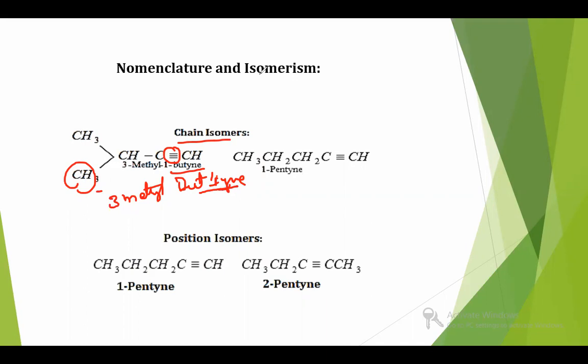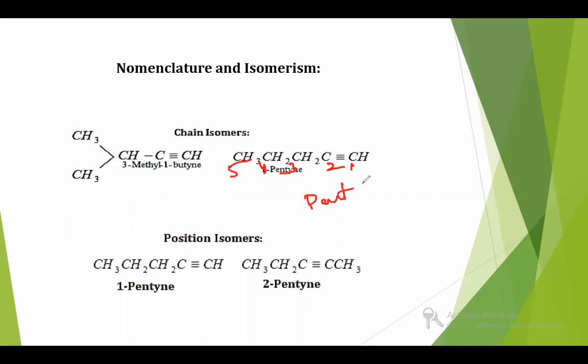This can be written as a linear chain also, with the triple bond at the first carbon. 1, 2, 3, 4, 5 is carbon number 5, pent, and the first carbon has the triple bond, so 1-pentyne. Compounds with the same molecular formula but different structures are called structural isomers. Especially chain isomers, straight chain and branched chain, are an example.